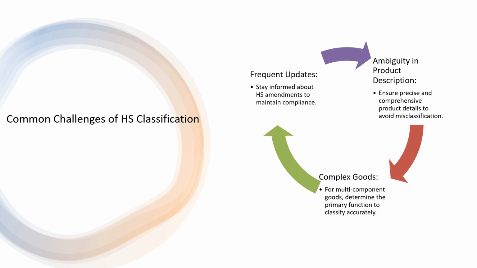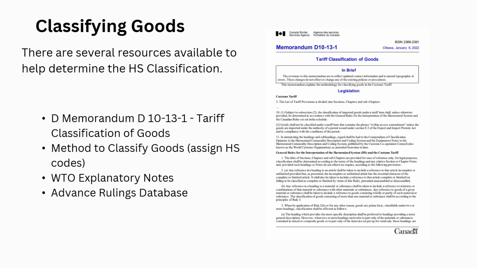What is the primary function of this good? And there are frequent updates and amendments on the HS code. It's not something that remains the same in time. It's usually a lot of frequent additions, or sometimes they modify certain rulings, and you have to keep yourself updated on this terminology.